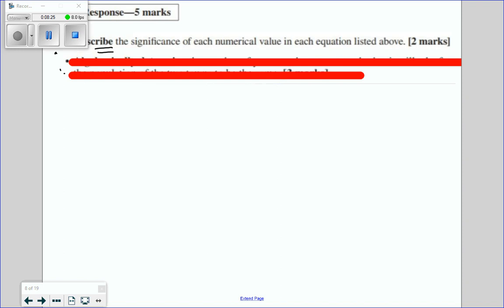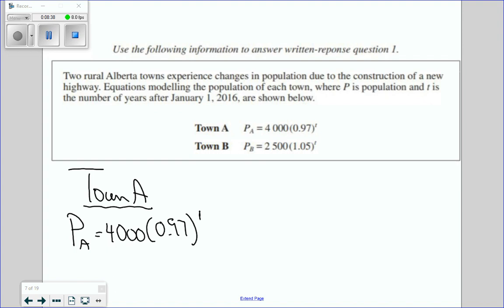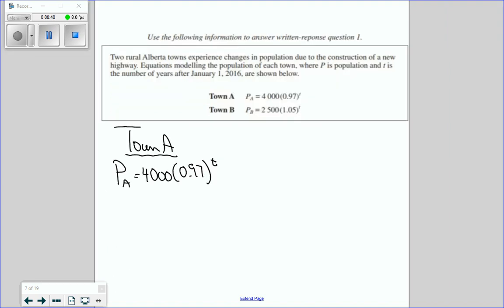Okay, so for part A, this is how I would write it out. You don't need to use fancy letters or fancy words. You just need to kind of somewhat describe it to the best of your ability. So this is exponential growth and decay.